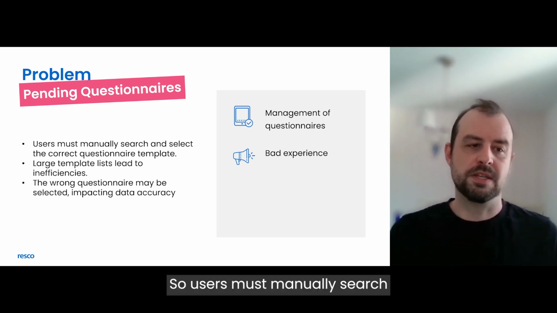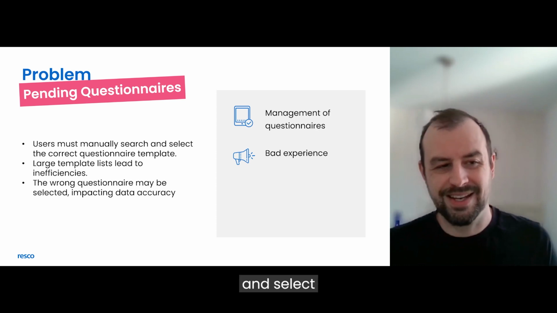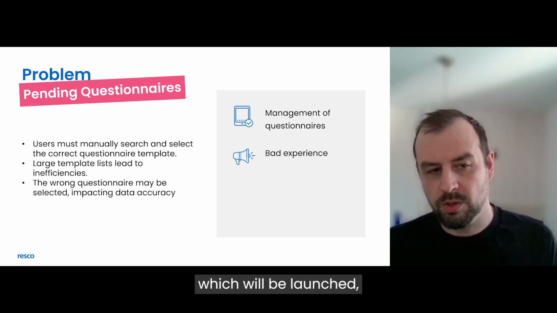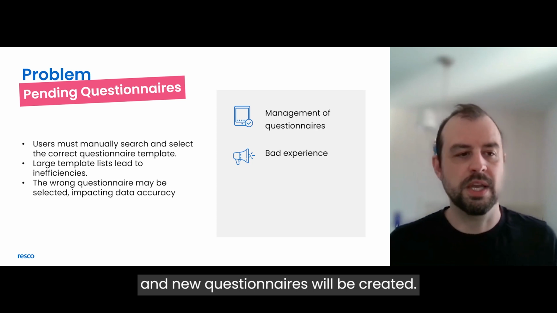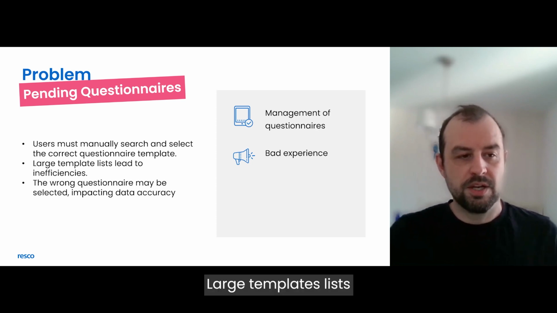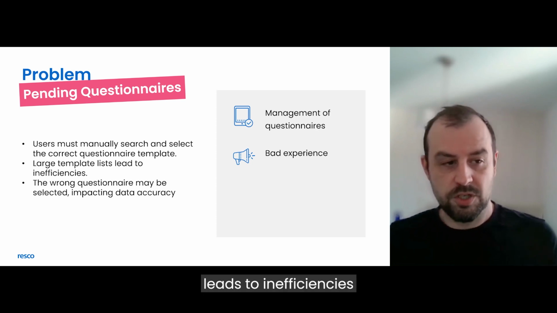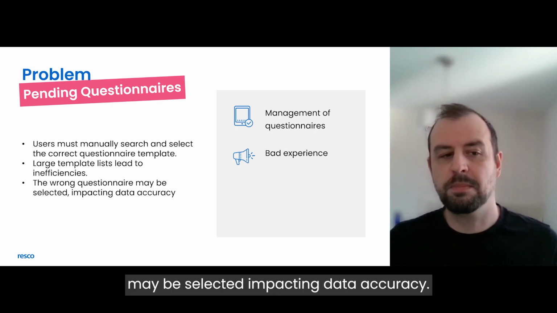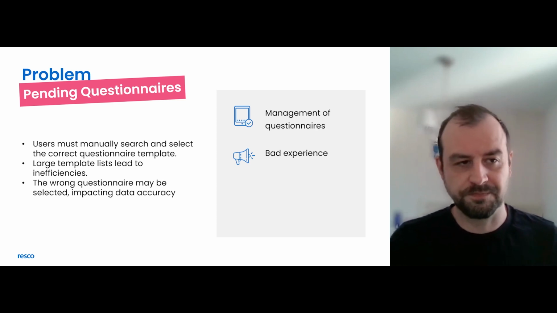So users must manually search and select the correct questionnaire template, which will be launched, and a new questionnaire will be created. A large template list leads to inefficiencies, and wrong questionnaires may be selected, impacting data accuracy.